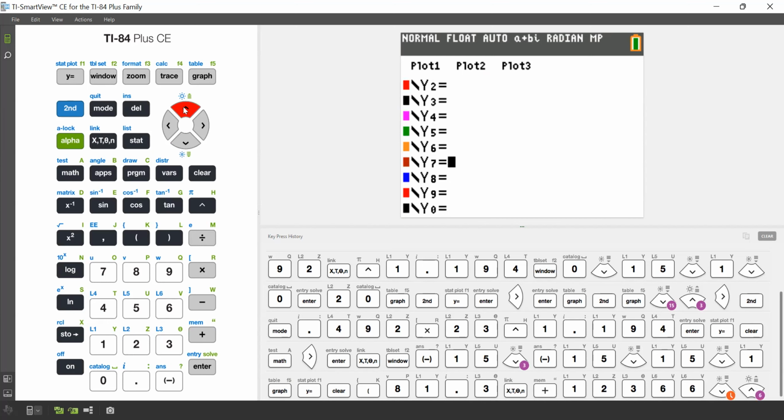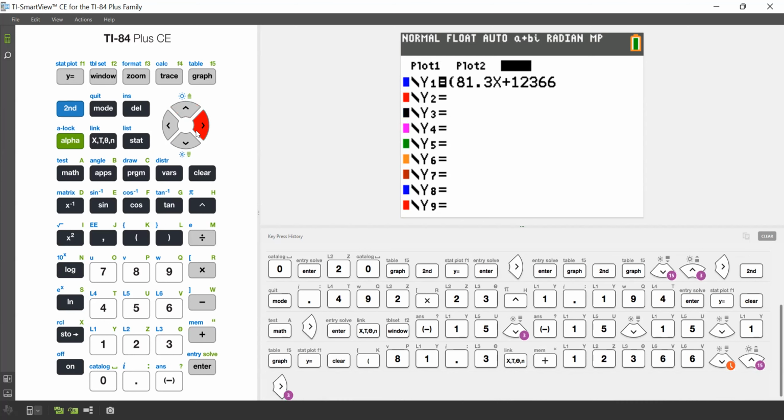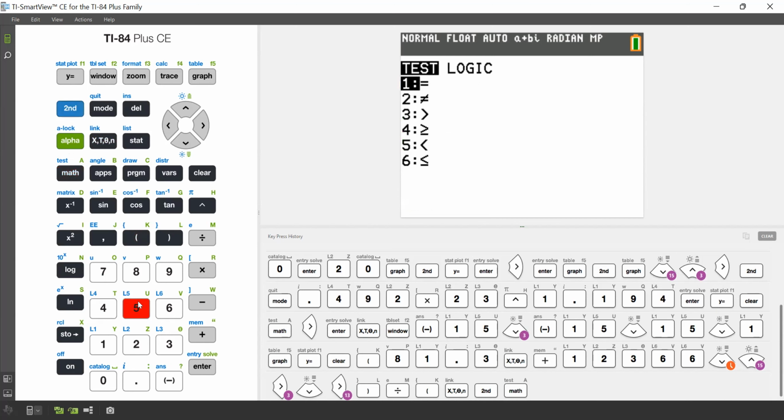Well, that didn't work. Close the parentheses, use a division symbol, and then open parentheses to tell my calculator I'm going to be graphing this over an interval in the domain. So I'm going to type in X is less than 90, and I get my less than symbol from the test menu, which is above the math menu. Less than is number 5.